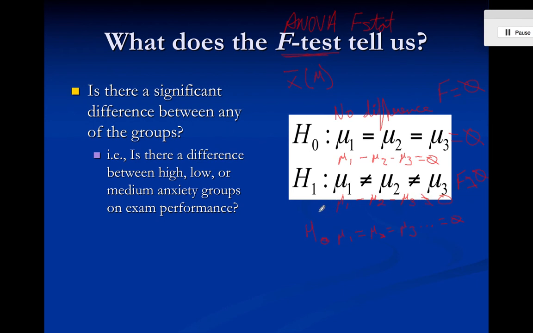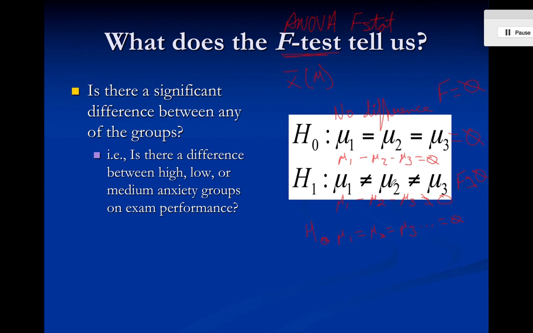Okay, that's the main question here that's being asked. But now, if you notice, the question being asked by ANOVA and by the null and the alternative hypothesis is comparing the 3 groups. But you'll notice that it's not specifically telling you how I know that group 1 isn't equal to group 2 but is equal to group 3. So maybe group 1 and group 3 are equal to each other, there's no difference there, but maybe group 1 and group 2 differ, and maybe group 2 and group 3 differ. What happens about that?